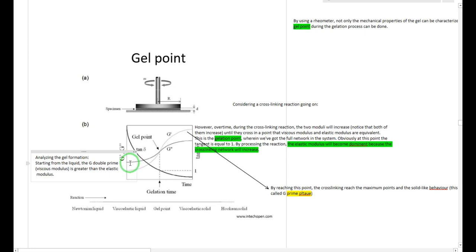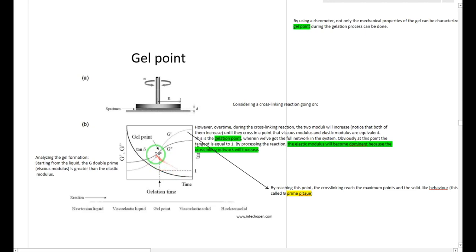So the comparison between the solid phase and the liquid phase tells us that the liquid phase is winning over the solid phase. But as time goes by and as the cross-linking between the polymers increases, at some point the moduli of the solid and the liquid become equal.